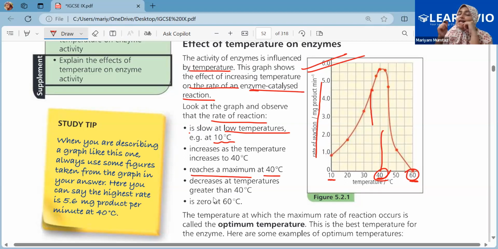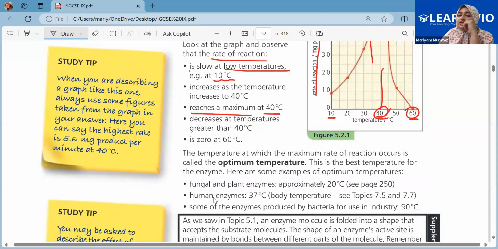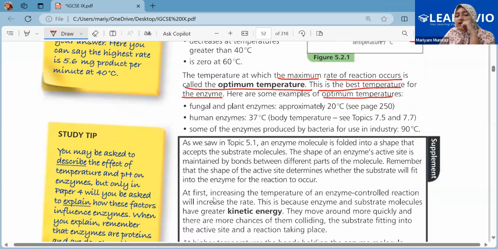Optimum temperature is the exact temperature at which the enzyme will work best. So the temperature at which the maximum rate of reaction occurs is called the optimum temperature. This is the best temperature for the enzyme. Then there are some examples of optimum temperature. The enzymes from the fungus and the plants, meaning fungal and plant enzymes, work at approximately 20 degrees Celsius.